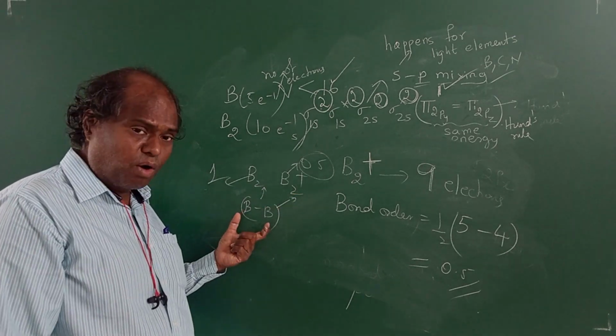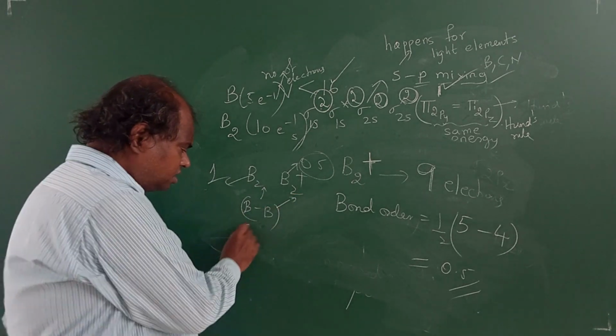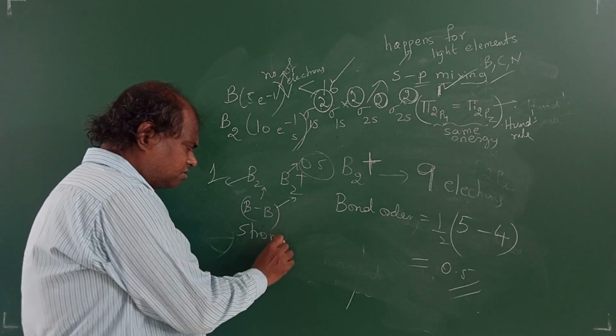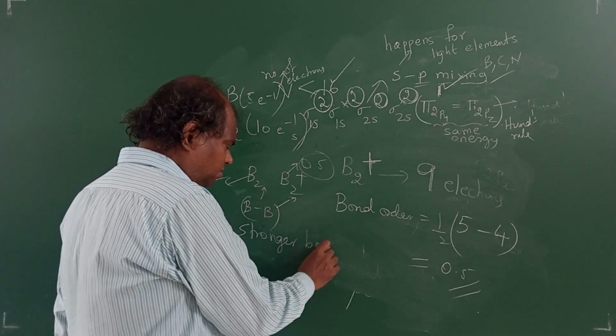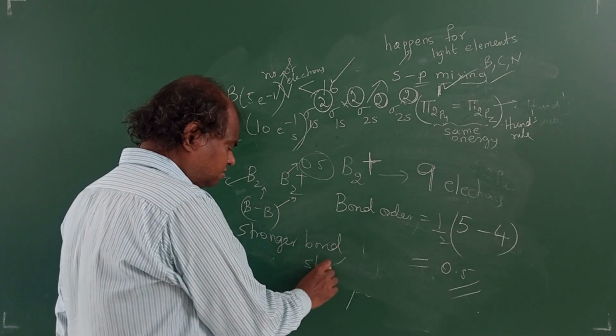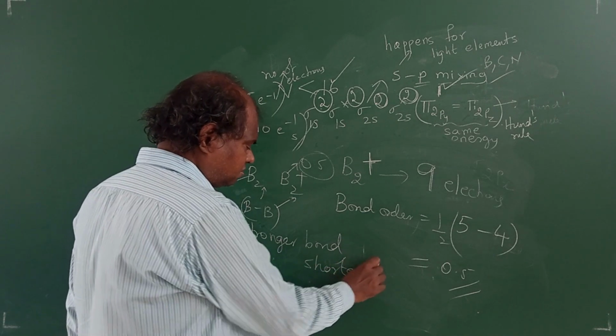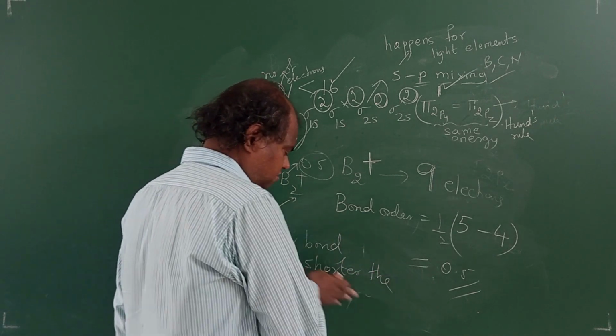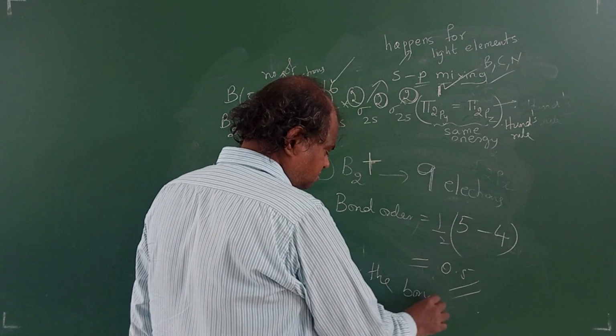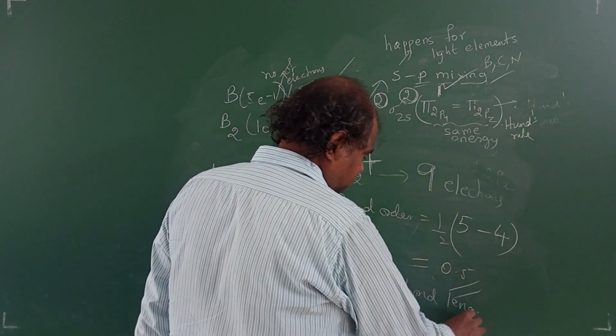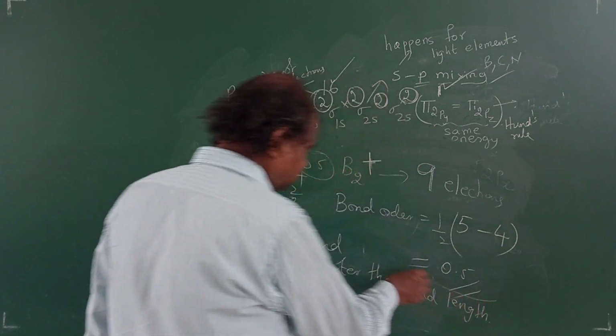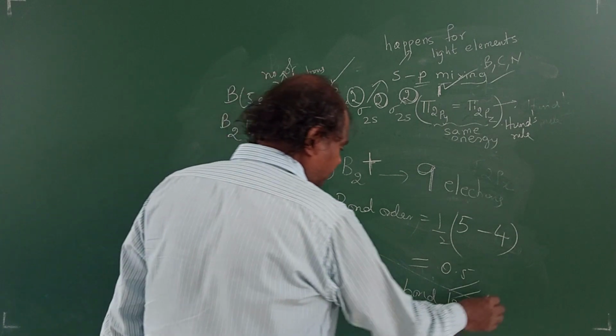Second thing, they can ask you about bond length. Now, stronger the bond, very simple logic, obviously. Stronger the bond, right? Shorter the bond length. Is that clear? So the bond is very strong, right?